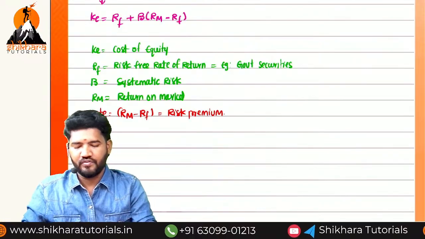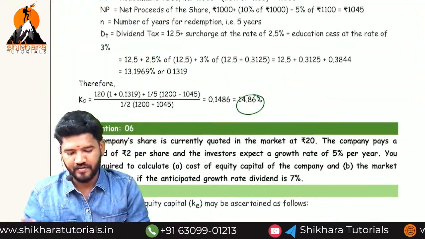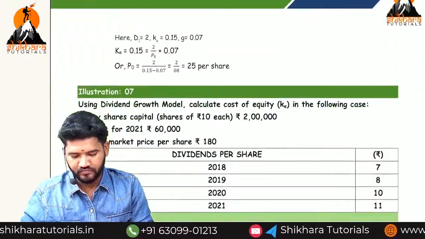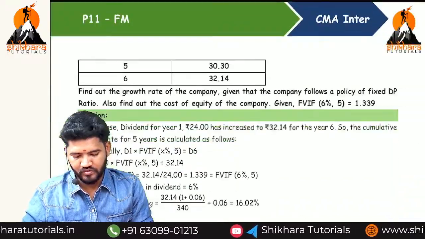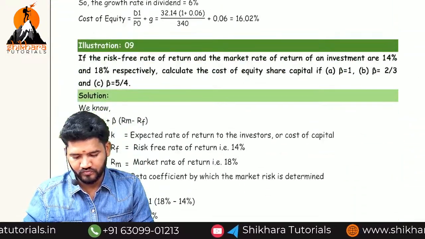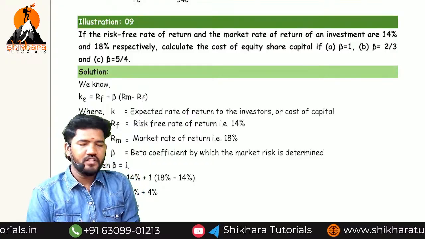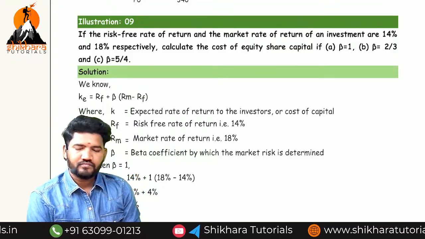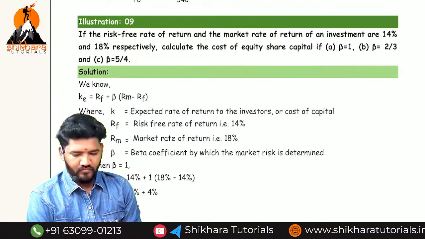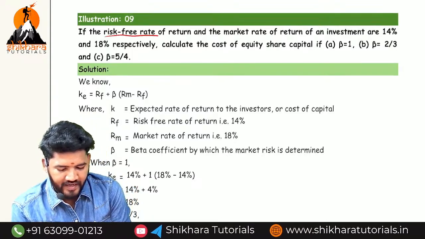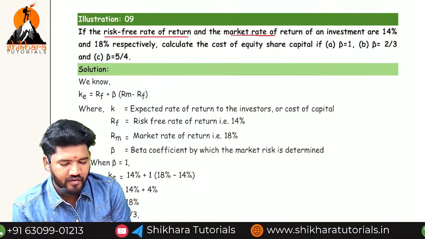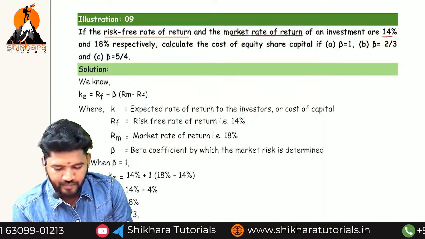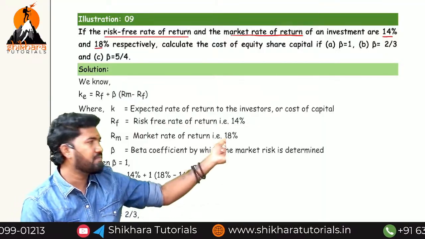Clear? If you solve a few problems, you will get clarity. See this one, illustration number 9. If the risk-free rate of return and the market rate of return of investment are 14% and 18%.